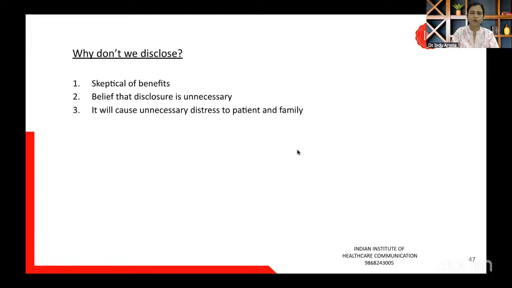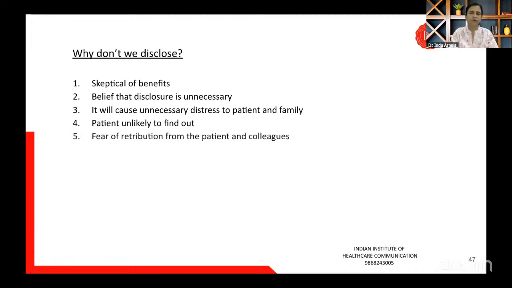And especially when we know the patient is unlikely to find out, there's all the more possibility that people would not disclose unless there is some side effect or reaction. So we know the patient will not get to know.